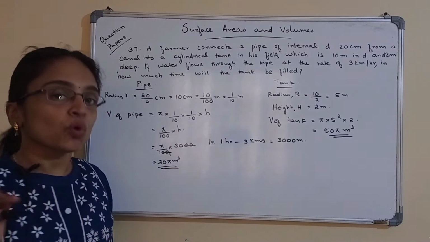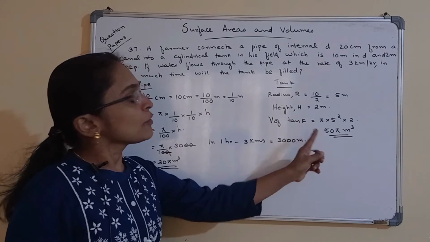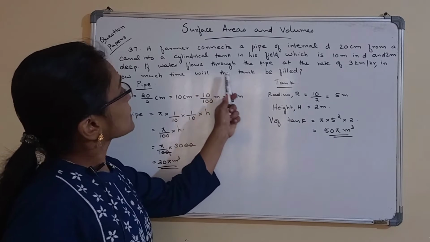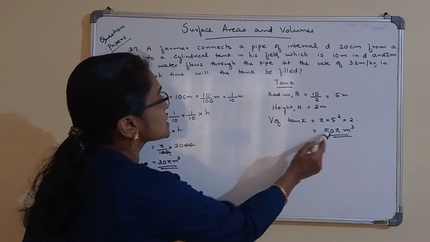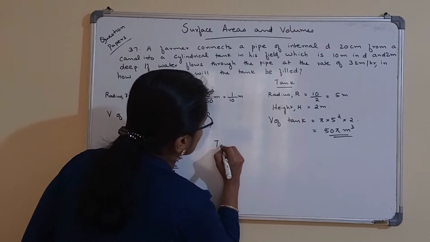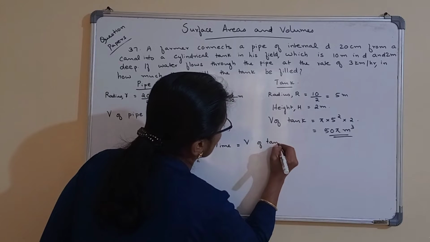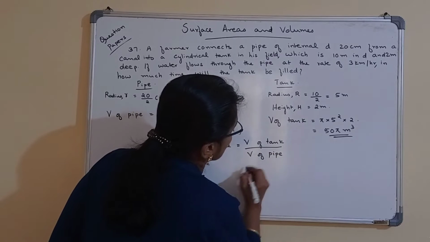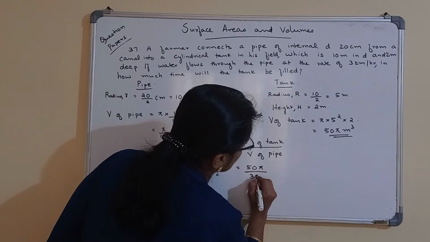So, we got the volume of the pipe as 30 pi meter cube and volume of tank as 50 pi meter cube. Now, we want to find the time in which the tank will be filled. For that, we can divide this volume by this volume, right? So, time in which the tank will be filled is equal to volume of tank by volume of pipe, which is equal to 50 pi by 30 pi.